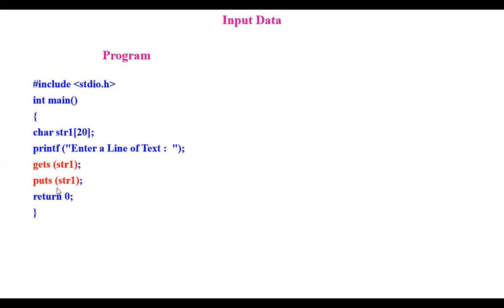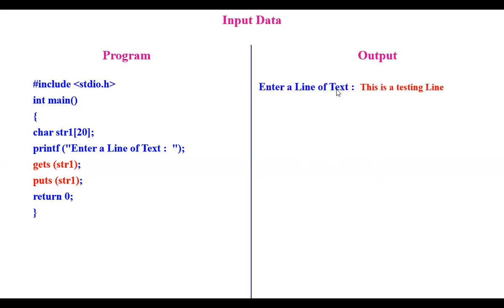Next, puts displays whatever is assigned to str1 with the help of put string. Let us see how it works. Compile this and execute. It asks, enter a line of text. You enter a line. This is a testing line I have entered. It displays with the help of this puts string. This value is assigned to the variable str1 and it is displayed here with the help of this function. So whatever you have entered is displayed here.